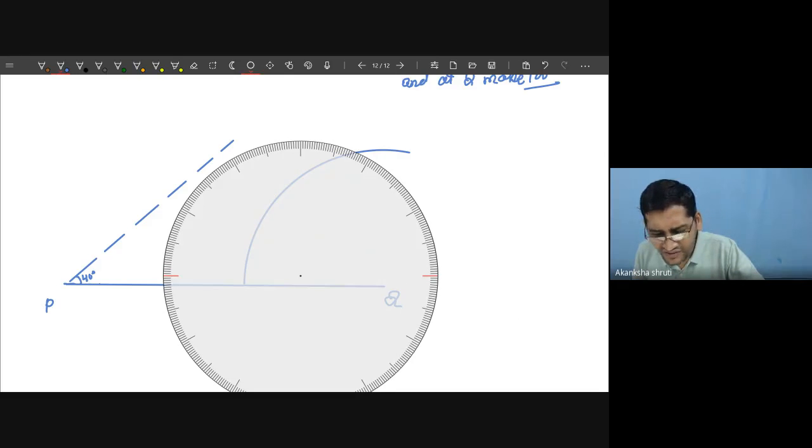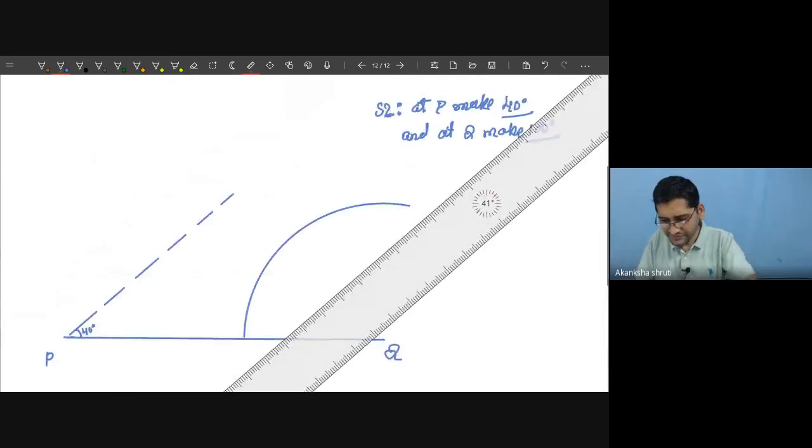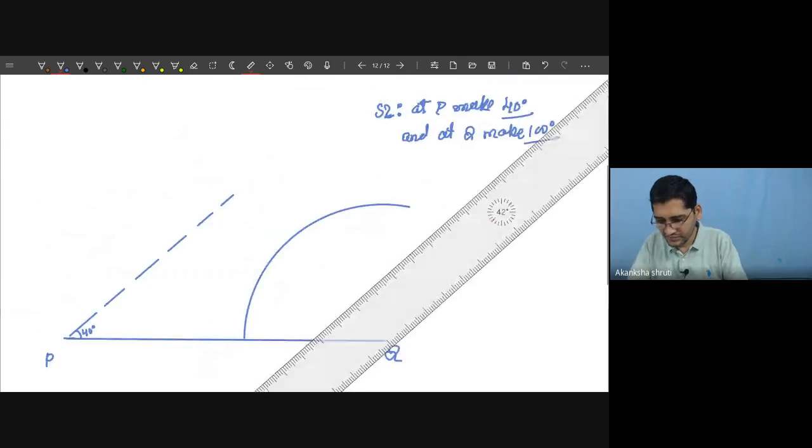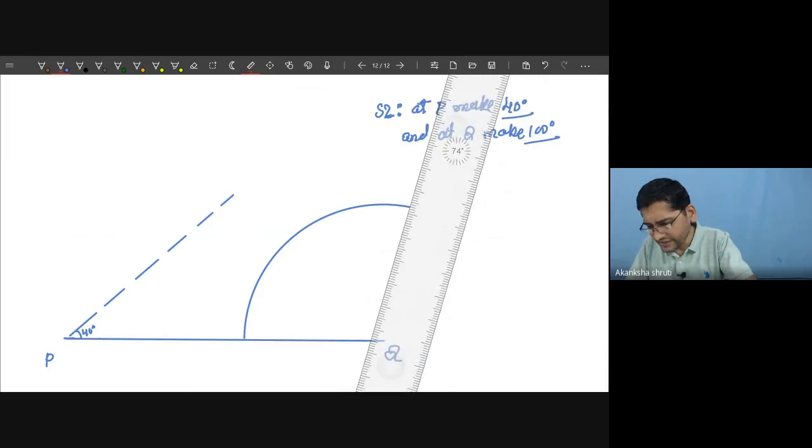Now this angle of 100 degree you have to draw.